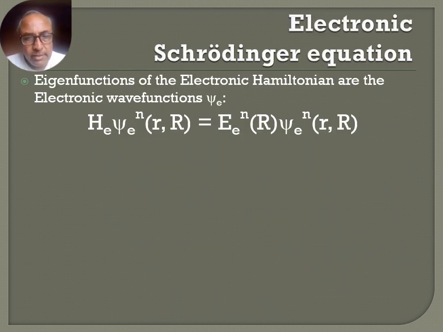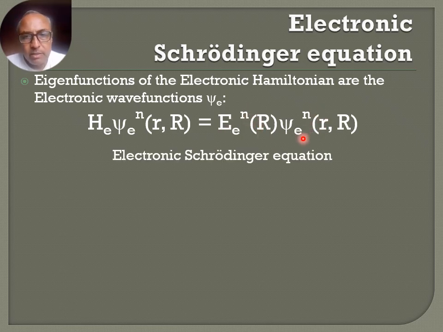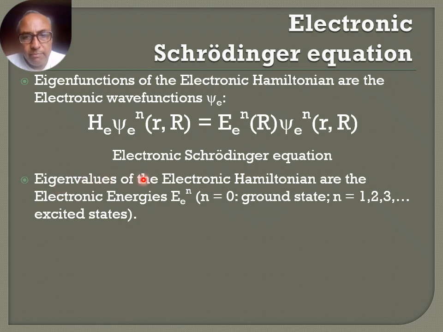So we can write the electronic Schrodinger equation as the electronic Hamiltonian acting upon the electronic wave function psi e gives the electronic energy E times psi e. The eigenvalues of the electronic Hamiltonian are the electronic energies E, where n refers to the electronic state.